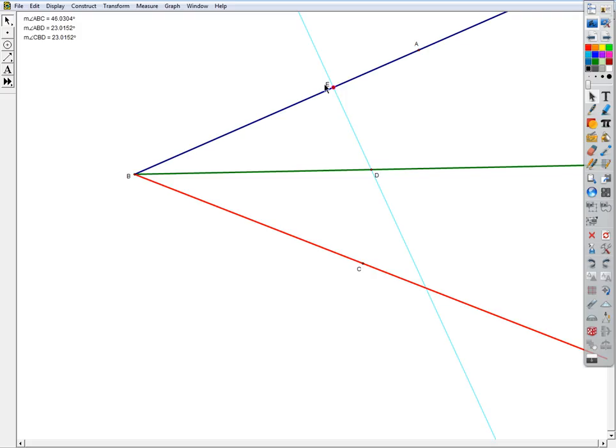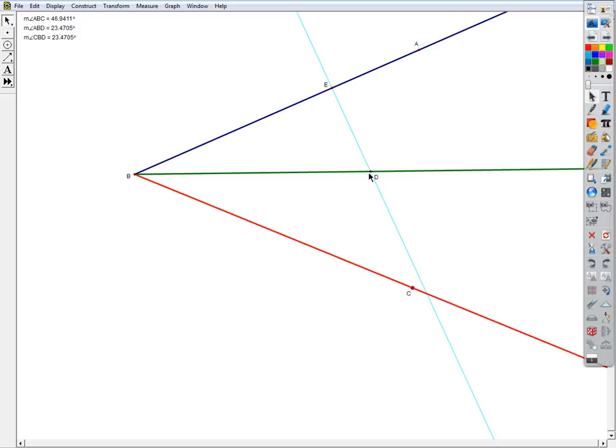Let's do the same thing down here. Let's find a line that's perpendicular, through D perpendicular to the red line. Okay, and let's find that intersection. And let's label it. And that's F. So what do you think here?